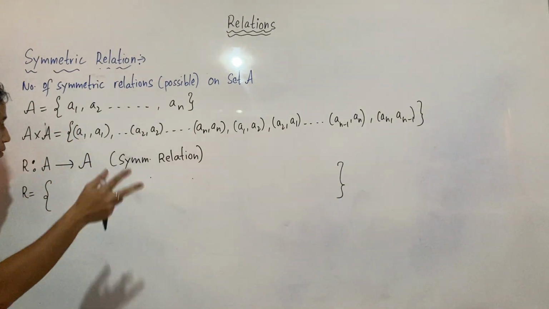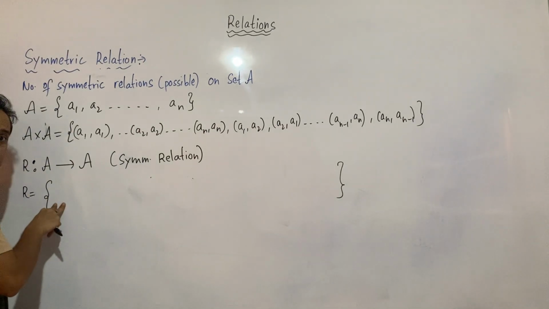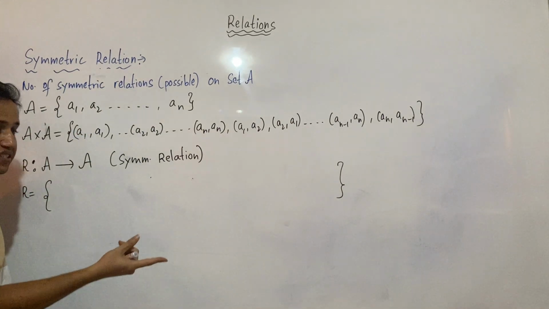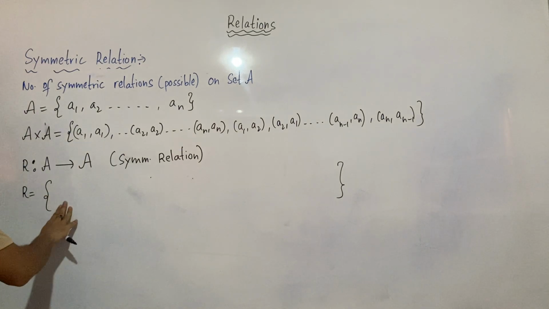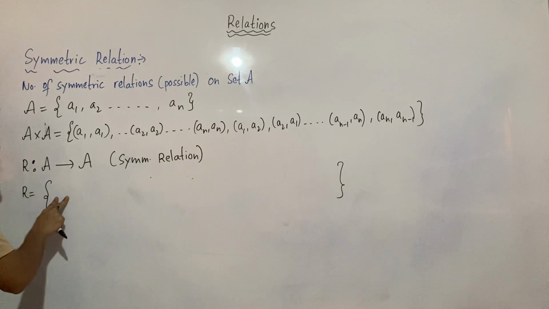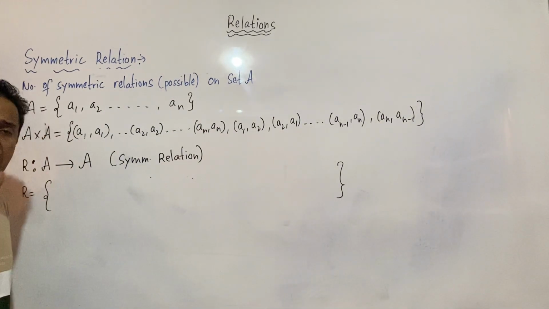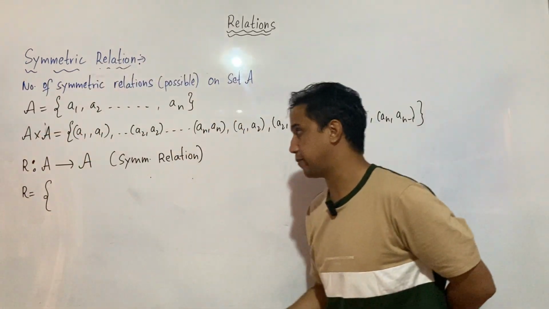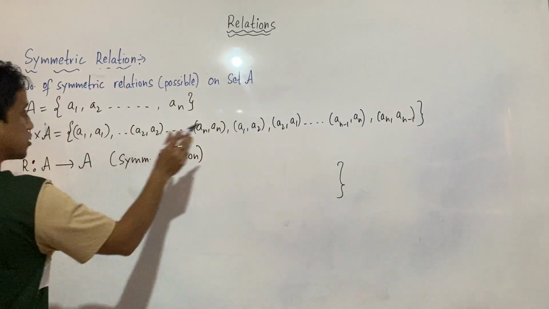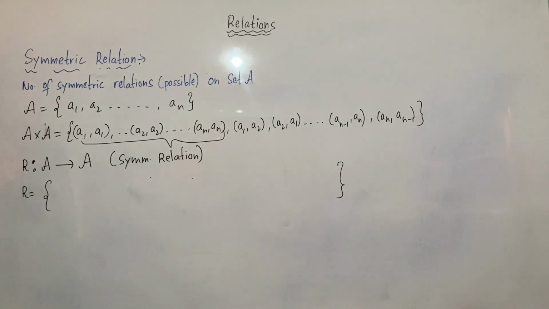It can say, yes, I can go and join this relation, or the second chance is that no, I do not want to be a part of this relation. If that happens, then it's going to be the empty set, which is again a symmetric relation. I hope you understand what I'm trying to say. This element has two possibilities. The same goes for these n elements. You will have two possibilities.